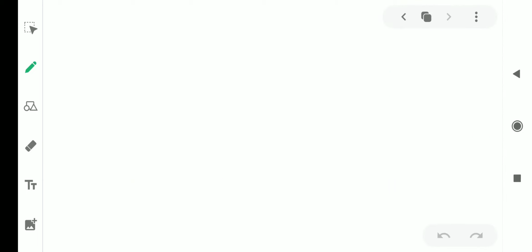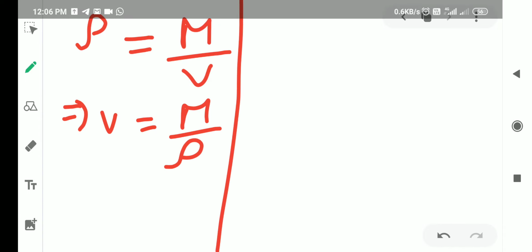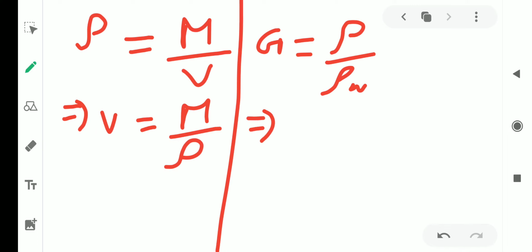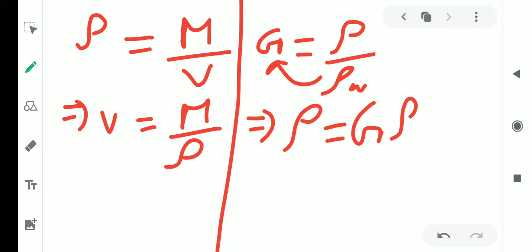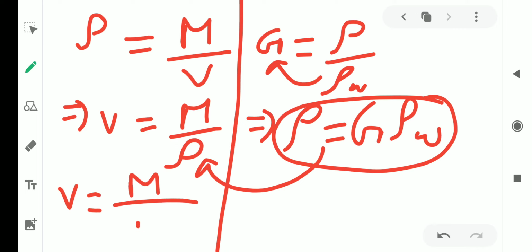हमें पता है कि डेंसिटी किसी भी मटेरियल का इक्वल टू मास ऑफ दैट मटेरियल बाय वॉल्यूम ऑफ दैट मटेरियल होता है. तो वॉल्यूम उसी मटेरियल का मास बाय डेंसिटी हो सकता है, लेकिन ऑल्सो वी हैव टू सी दैट जी, स्पेसिफिक ग्रेविटी ऑफ ए मटेरियल इज इक्वल टू डेंसिटी ऑफ दैट मटेरियल बाय डेंसिटी ऑफ वाटर. तो वॉल्यूम ऑफ मटेरियल इज इक्वल टू मास बाय जी रो डब्ल्यू, दैट इज डेंसिटी ऑफ वाटर.